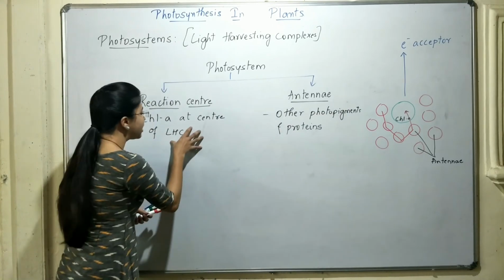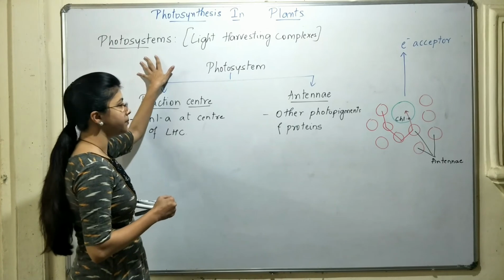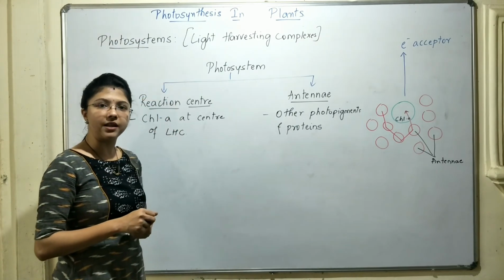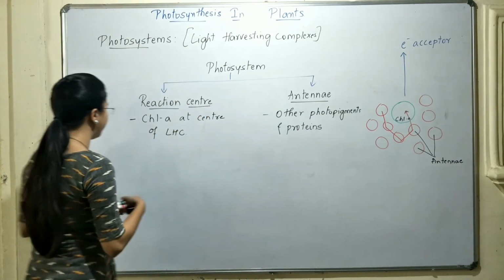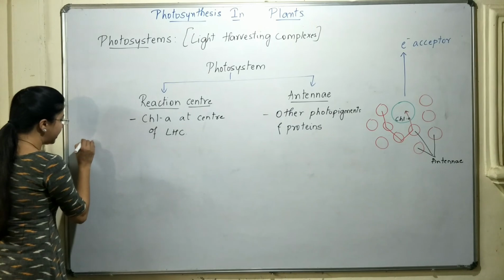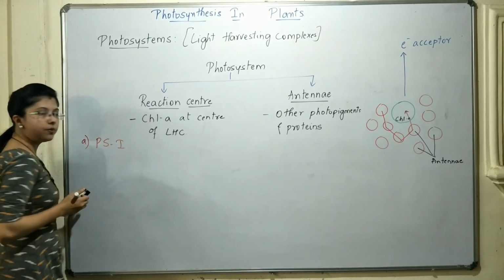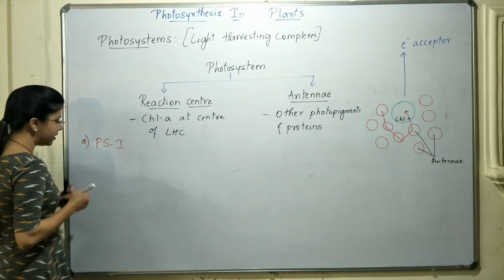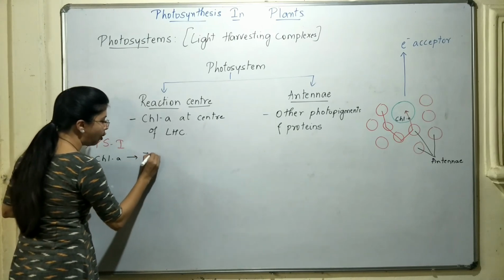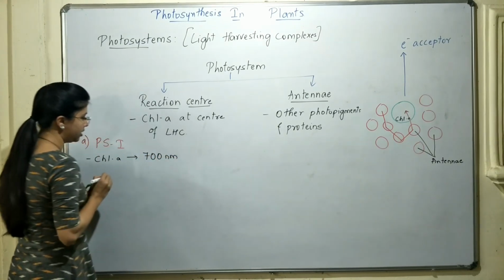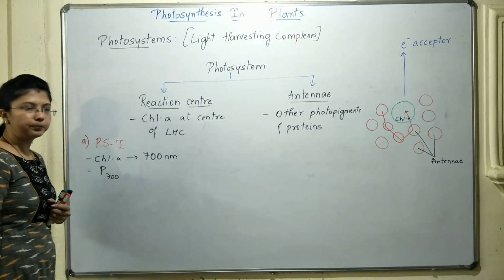Now, the chlorophyll A molecule present in the reaction center of the photosystem, or light harvesting complex, is going to absorb two different wavelengths of light. Depending on that, there are two types of photosystems. One is called photosystem 1. The chlorophyll A molecule of photosystem 1 absorbs light of wavelength 700 nanometer and hence can also be designated as P700.